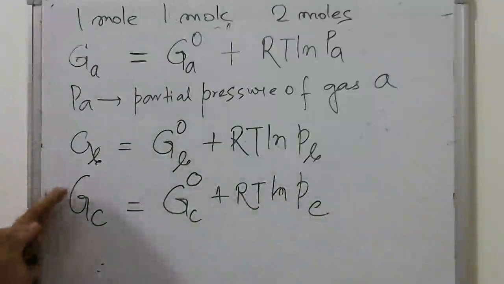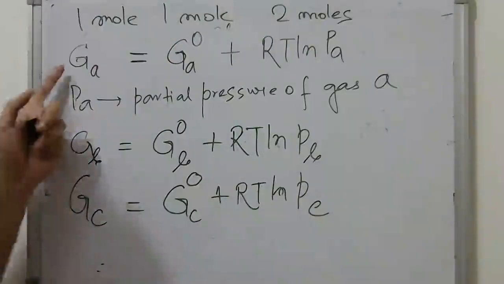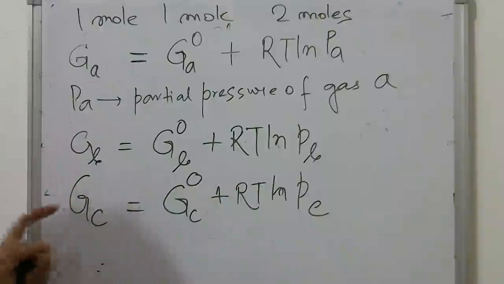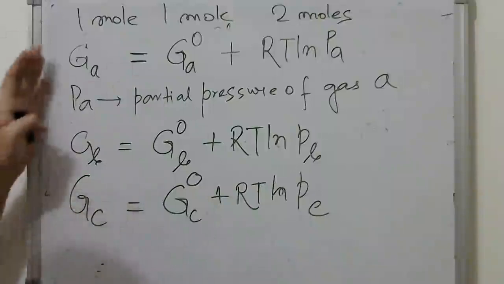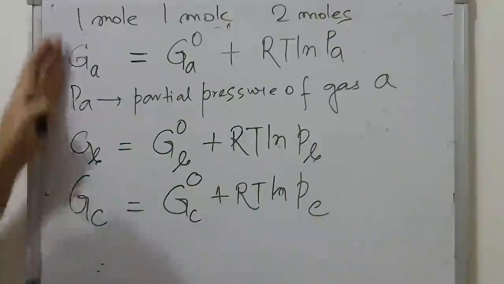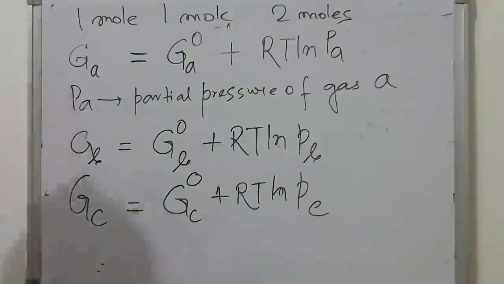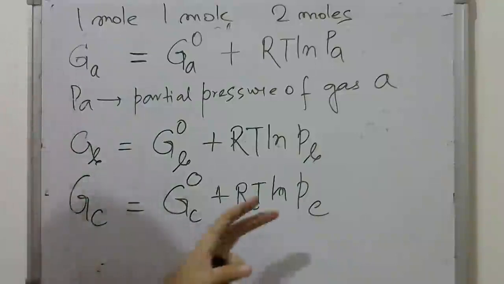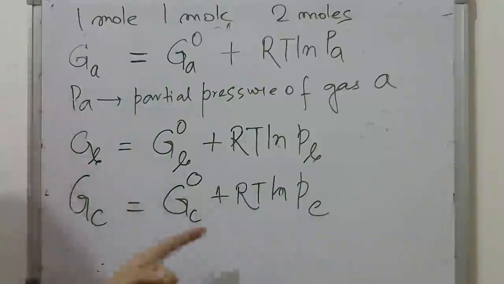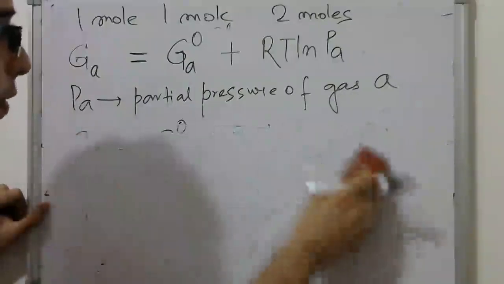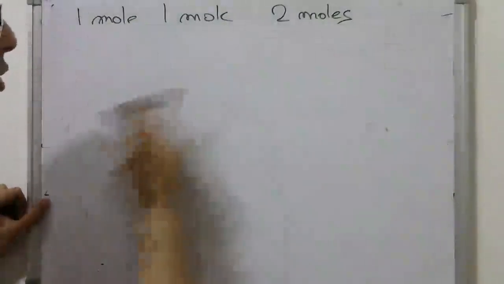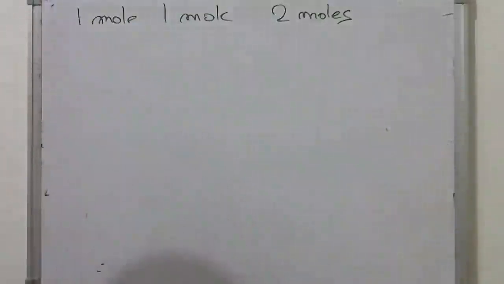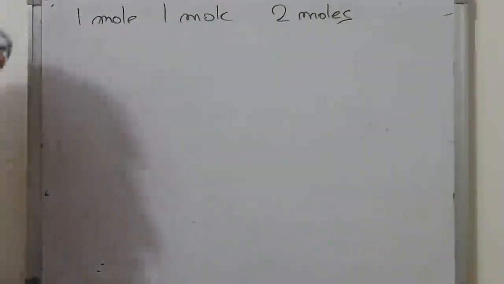So I will estimate the final free energies for A as this one, B as this one, and C as this one. Once I have estimated the free energies, I will find out the change. So the change will be, please note it down, I am erasing it. So pause the video, note it down. Once you understand this, we will be solving a lot of problems that are normally asked. Reaction rate constant. We will talk about equilibrium constant or rate constant.